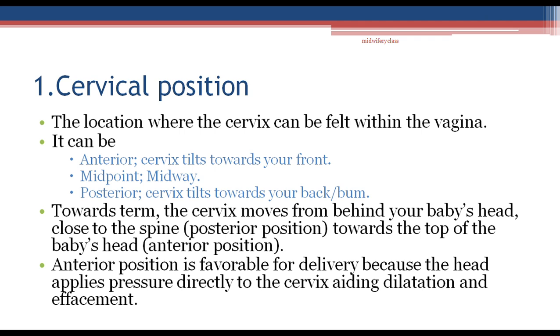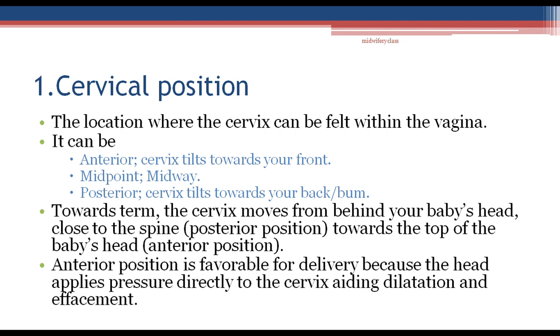Towards term, the cervix moves from behind your baby's head close to the spine in a posterior position towards the top of the baby's head in an anterior position. An anterior position is favorable for delivery because the head applies pressure directly to the cervix, aiding dilatation and effacement.